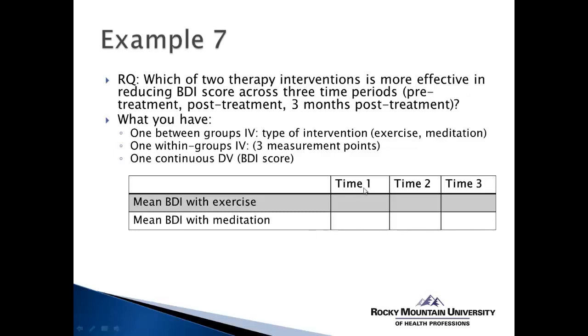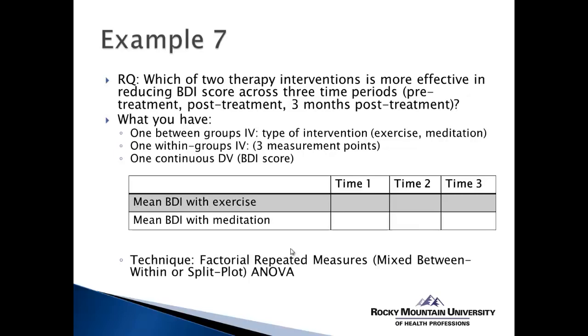Again, we can study the effect of time by itself, the effect of the treatment by itself, or the unique interaction between those 2 independent variables. But now there's a repeated measures component. The people in the exercise group are being measured 3 times. The people in the meditation group are being measured 3 times.